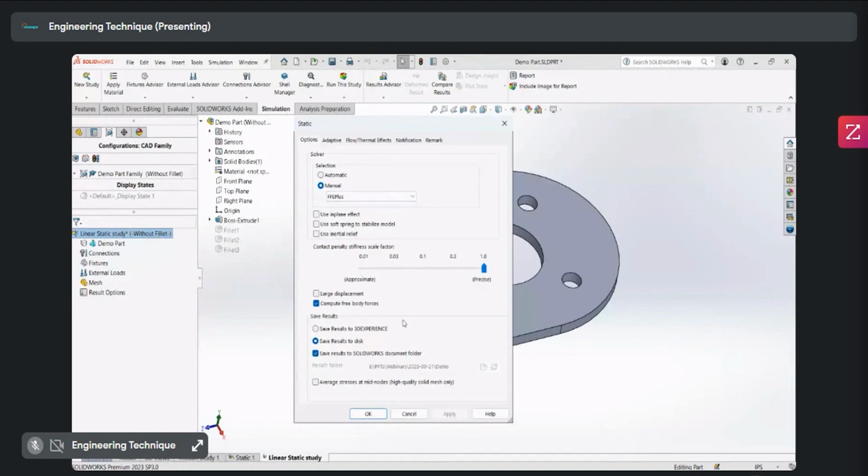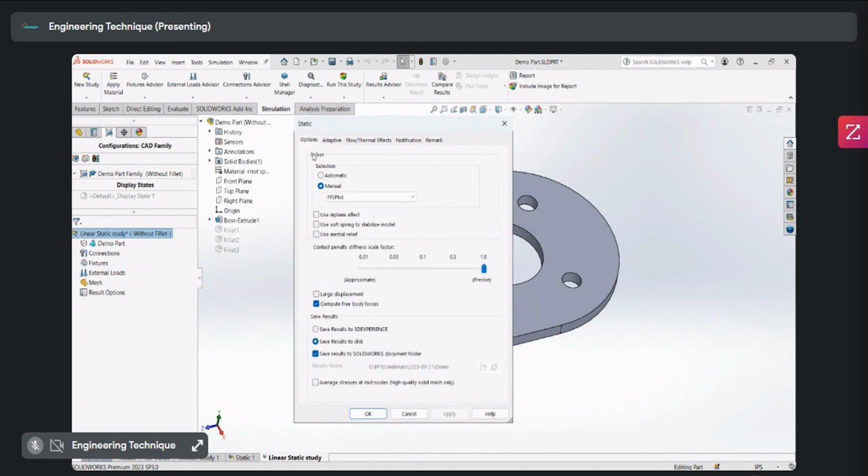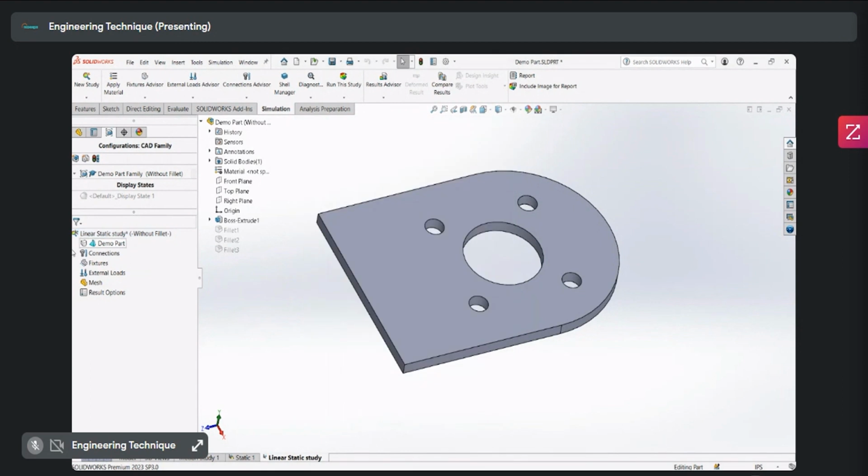The other parameters we are not going to discuss. The adaptive option we are also not discussing because it takes too much time. So we just decide on automatic and go ahead.